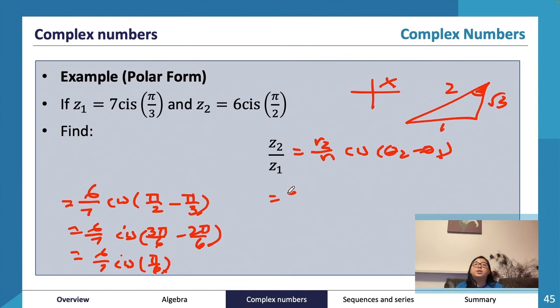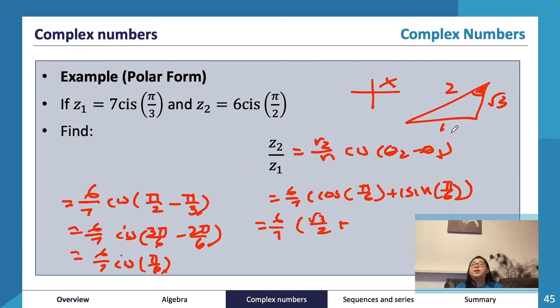So we all know that that's going to be 6 on 7 cos of pi on 6 plus i sine pi on 6, and that's going to be 6 on 7, therefore cos pi on 6 is going to be root 3 on 2, and our sine pi on 6 will just be a half, and it's going to be positive because it's the first quadrant. So therefore we can expand that out, so we'll get 6 root 3 over 14 plus 6 over 14i.